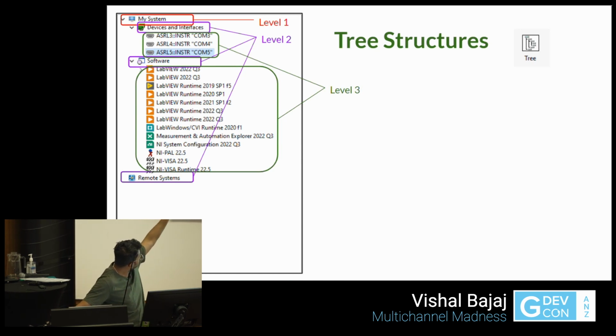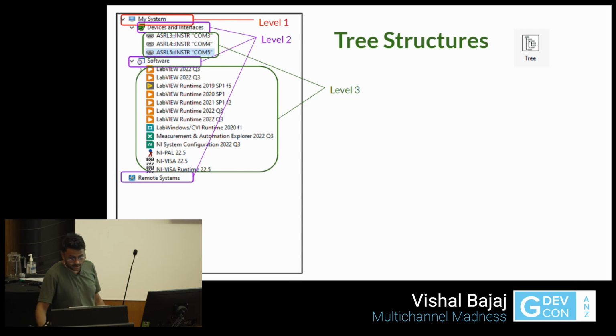Then you have devices and interfaces, software, remote systems, which is level 2. And then within software, we have all the software at level 3. So we want to create a tree structure which is hierarchical, and that's taken just from NI MAX again.